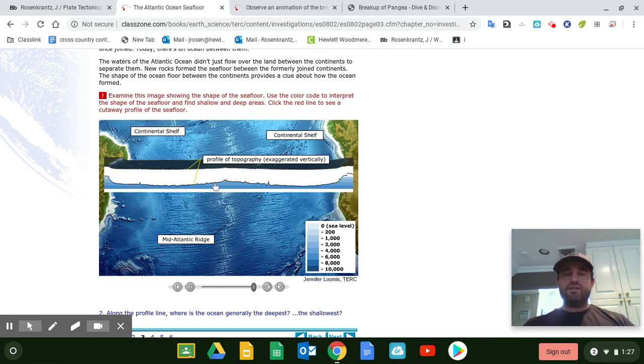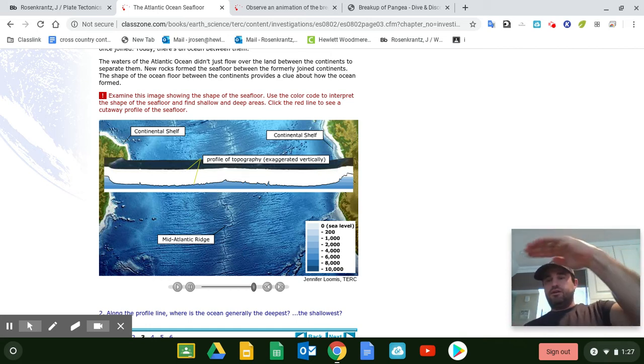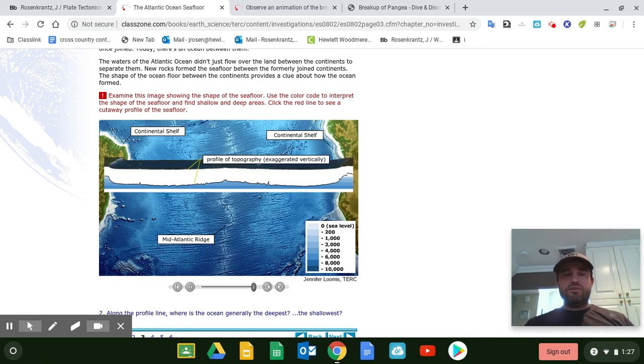So this is a ridge. Basically, the ocean goes down and then up in the middle and then down again, and then back up at the coastline. So the middle of the ocean was shallow, and we call these the mid-ocean ridges.